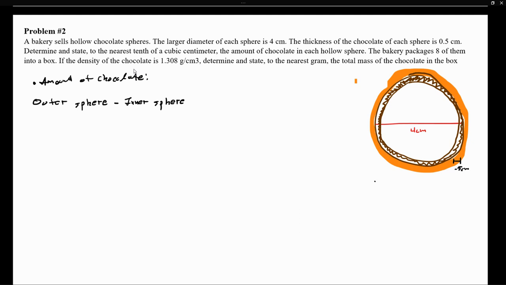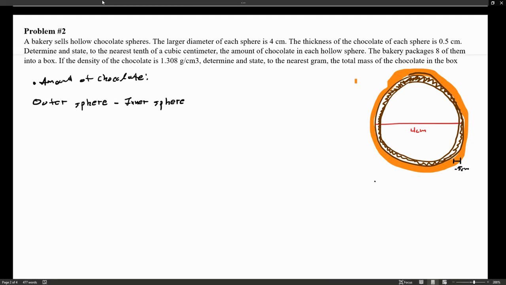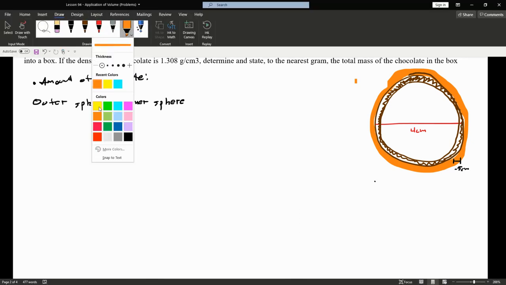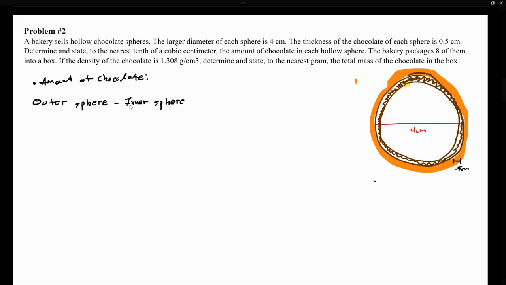Now, the inner sphere is going to be where the thickness of this chocolate ends. So notice that here we have two spheres. We have the sphere that perhaps you would have seen outside of the chocolate, which is the outer sphere, and this is the inner sphere, which is where the thickness ends.